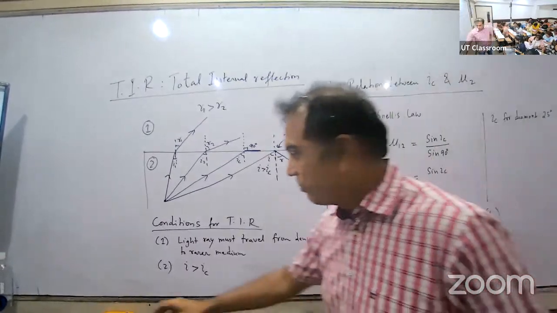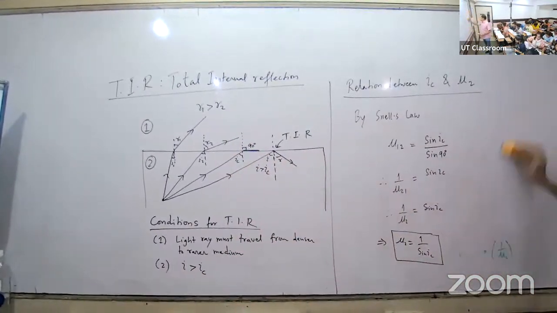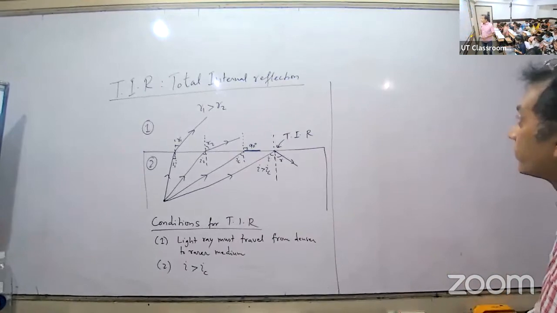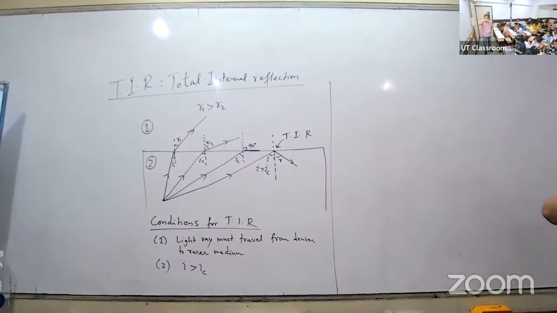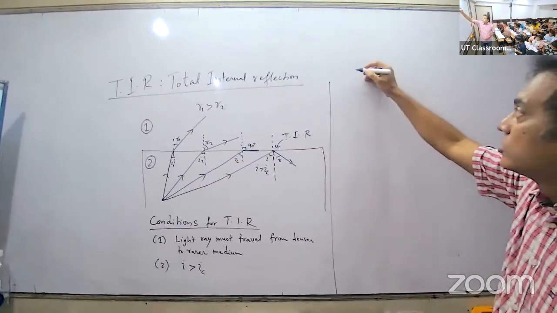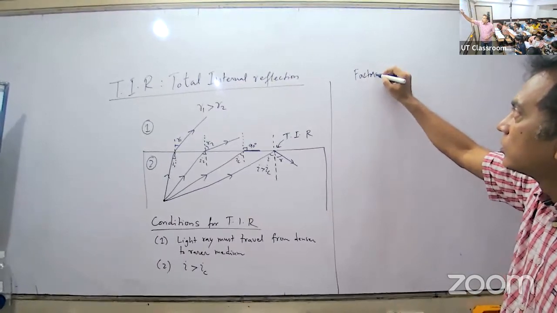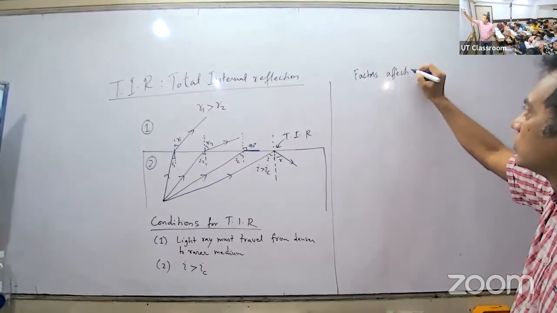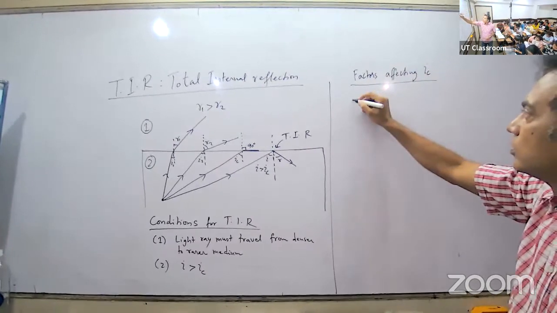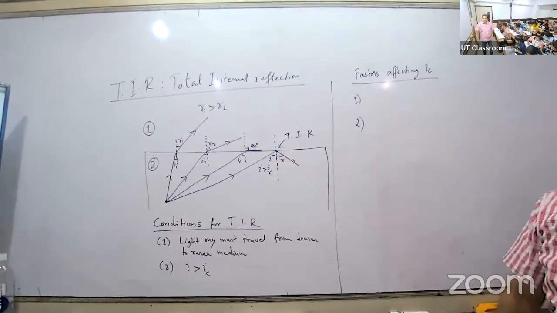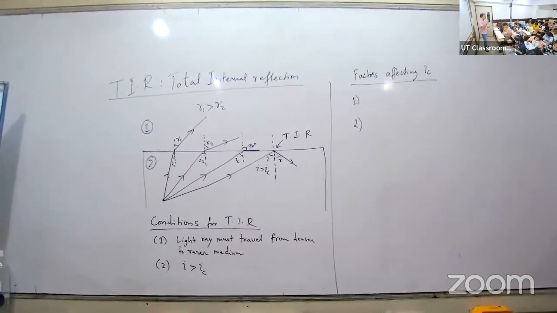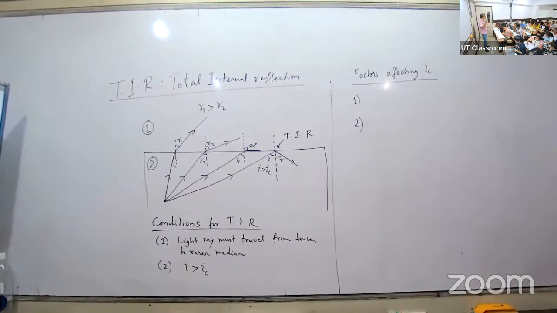Now let us learn about some applications. So, factors affecting critical angle. Critical angle depends on refractive index, so anything which affects refractive index will affect critical angle.